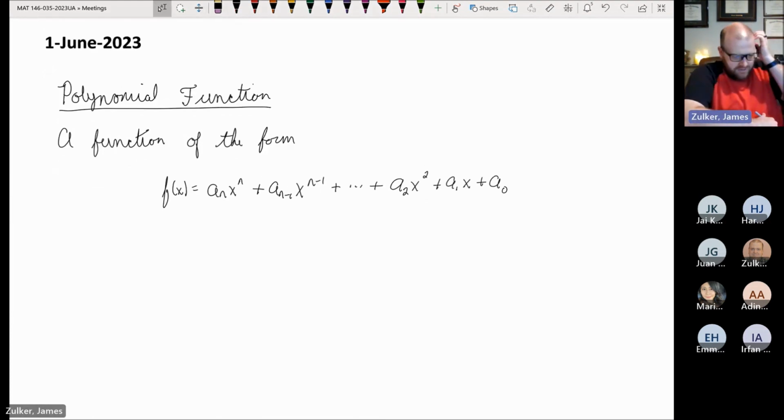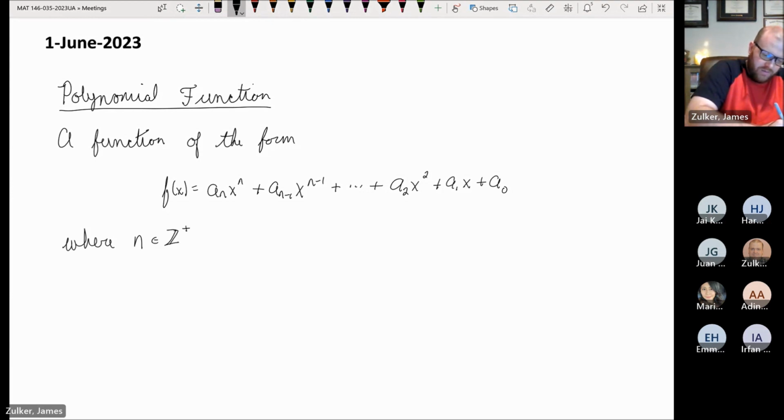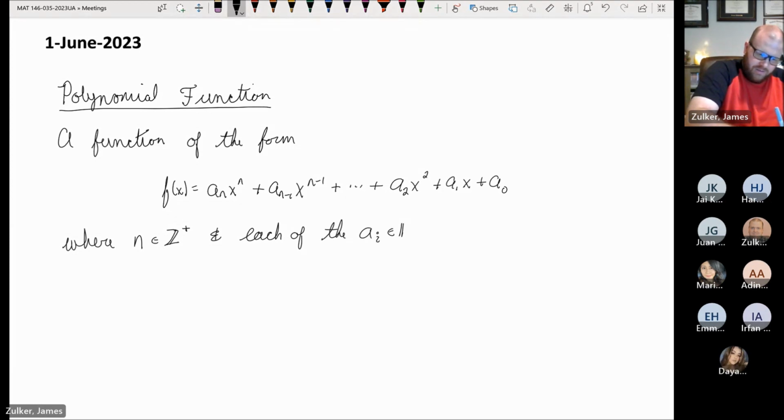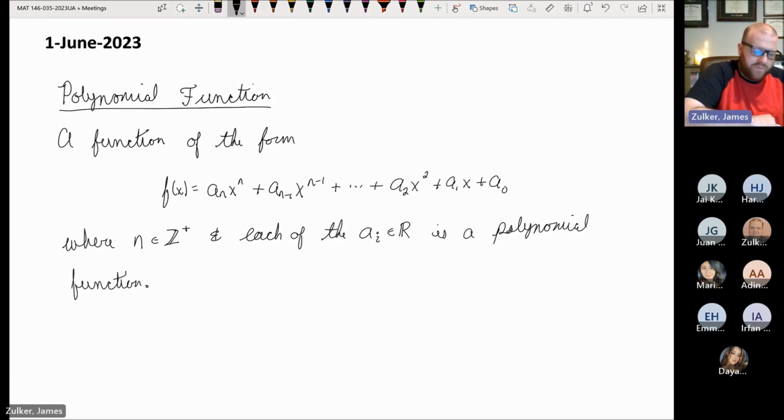A function that has this form, where n is some positive integer, and each of the a sub i is a real number, is a polynomial function.